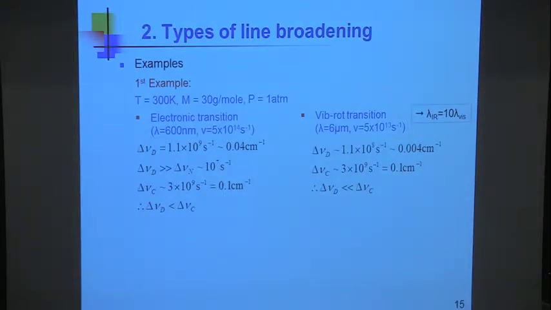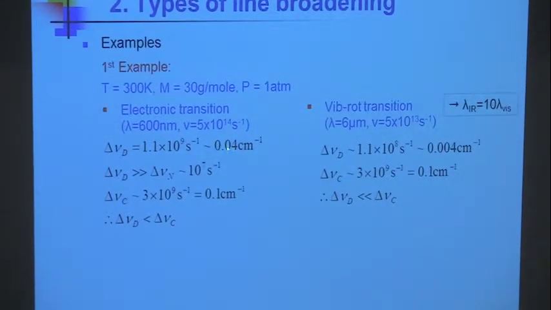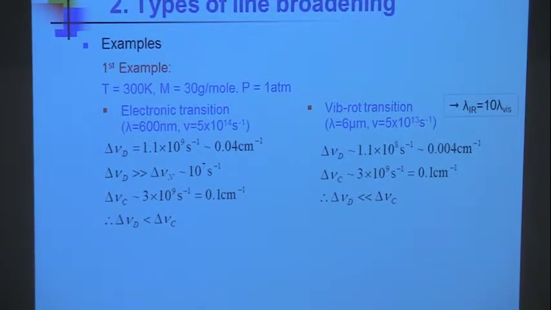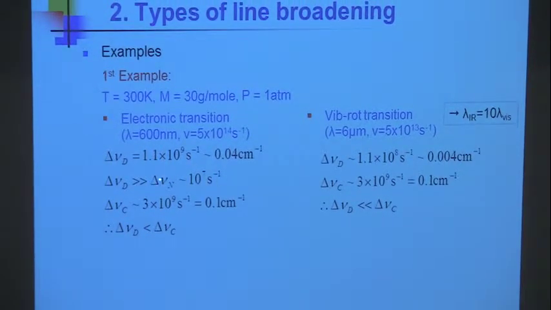Here's a case where we have some molecule at room temperature, molecular weight of 30 grams, 1 atmosphere, electronic transition, 600 nanometers, or a frequency of 5 times 10 to the 14th. The Doppler width, which is determined once I know the temperature, the mass, and the line center frequency, is 0.04. In this case, the Doppler width will be much greater than the natural line width.